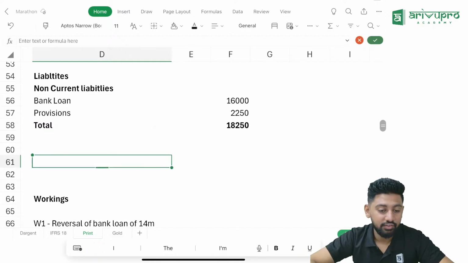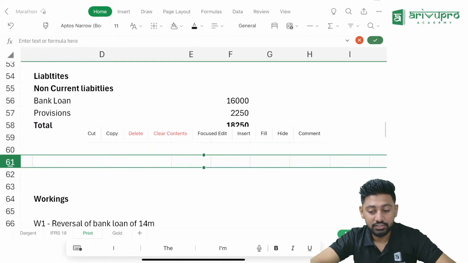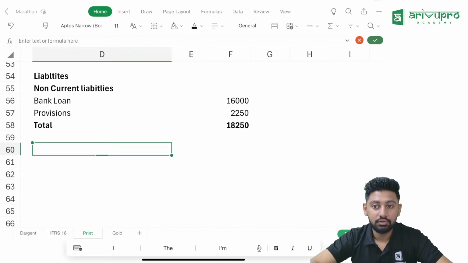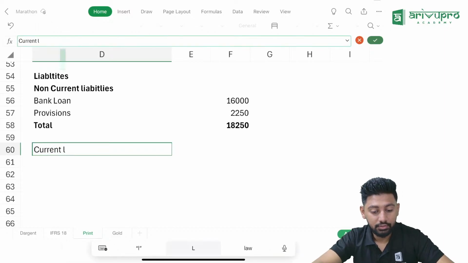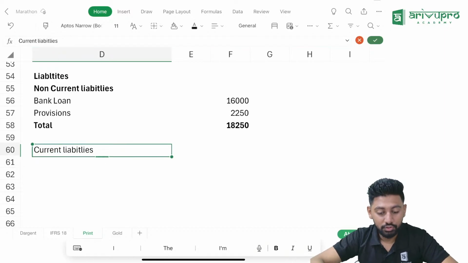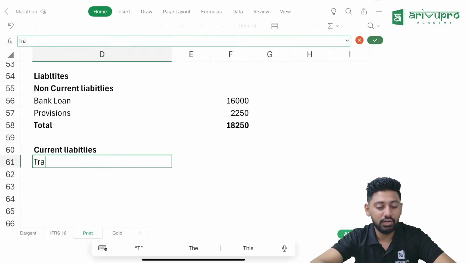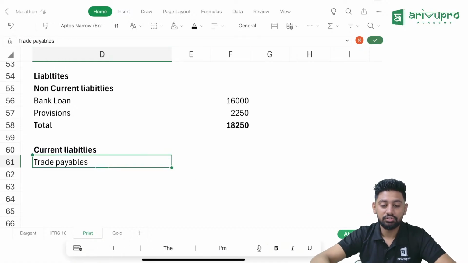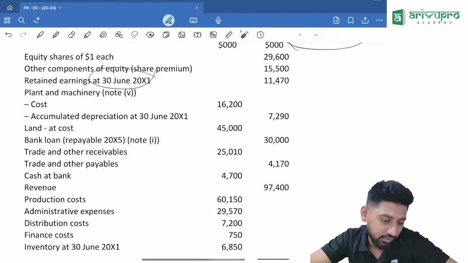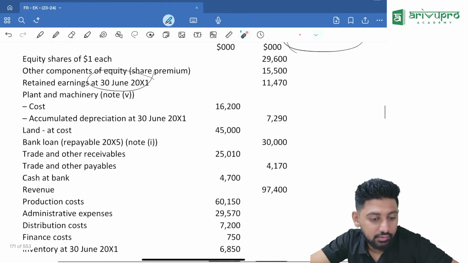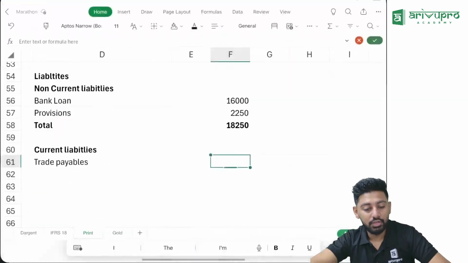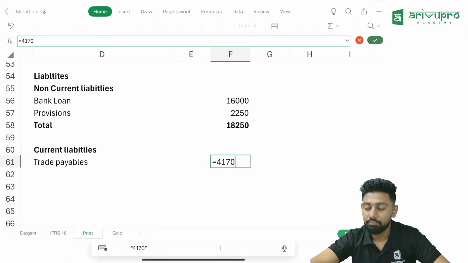And then finally, what do I have? I'm still running out of space. See, current liabilities. If you look at my current liabilities, I'm sure I have trade payables. How much is my trade payables? They have given me 4,170, but my trade payables had some adjustments.